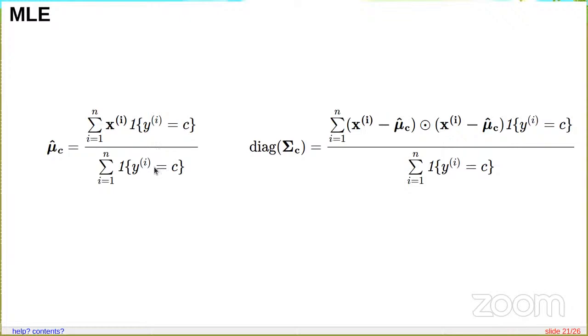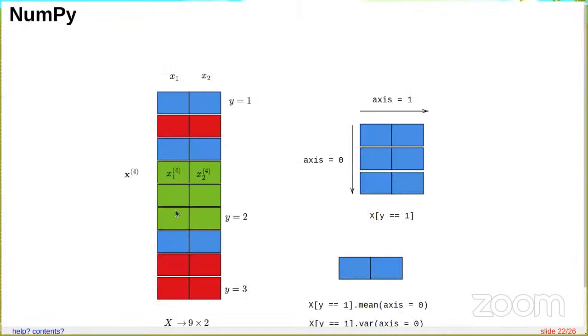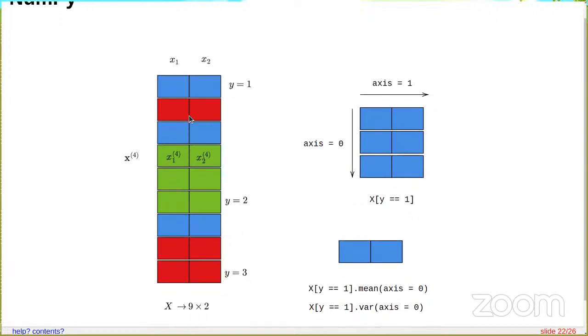For example, I need to get hold of all the blue colored points, and then maybe the green colored points, and then the red colored points. How do I do that? We can use np.where.